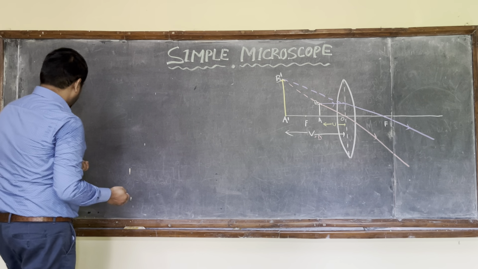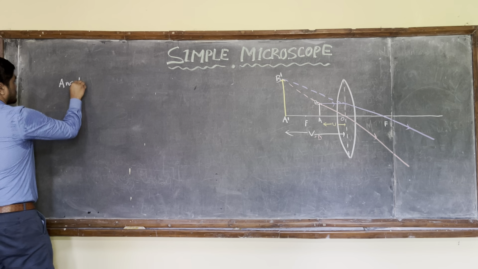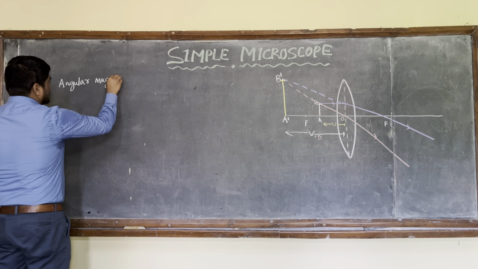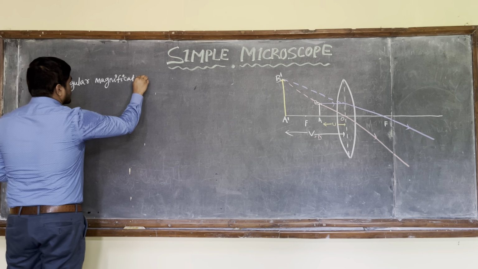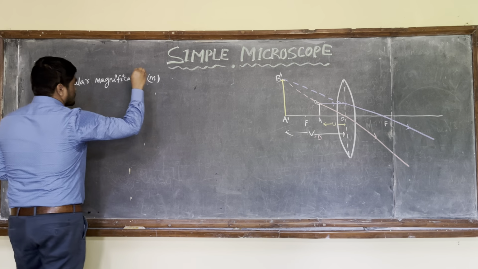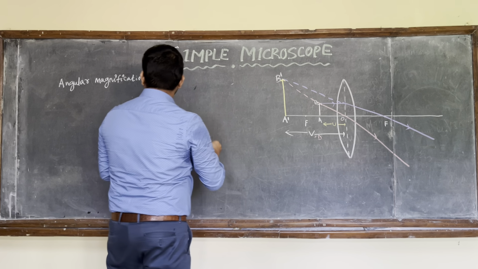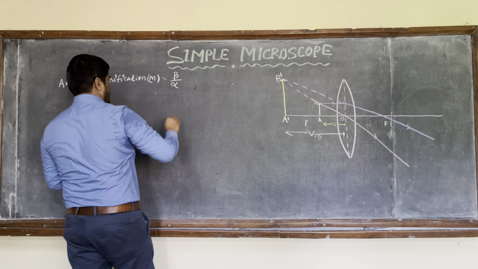Clear? And the formula of angular magnification M, that is in terms of angle, and the formula is beta divided by alpha.